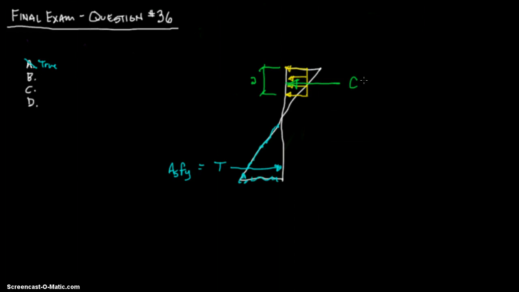Your compression equals 0.85 f'c, which is your 4 KSI or whatever. And this 0.85 just comes from the assumption. They figured out what is a good assumption to make instead of this wedge, and it's 0.85 f'c times b, which is the width of your member, or the width of the compression block, times a, your depth.